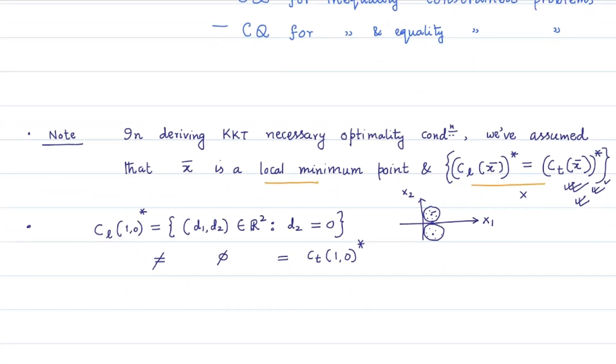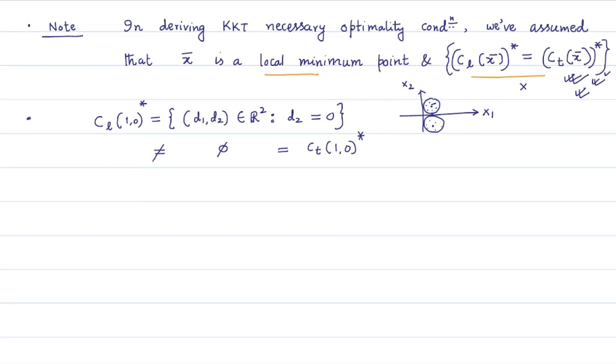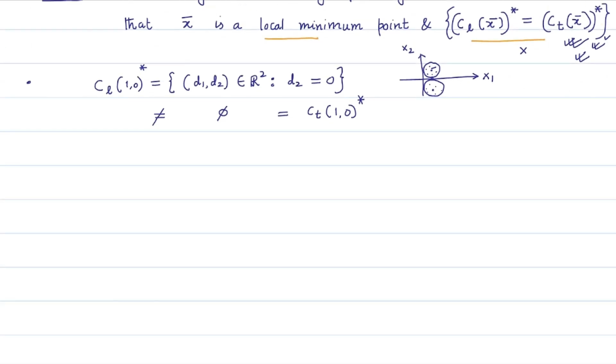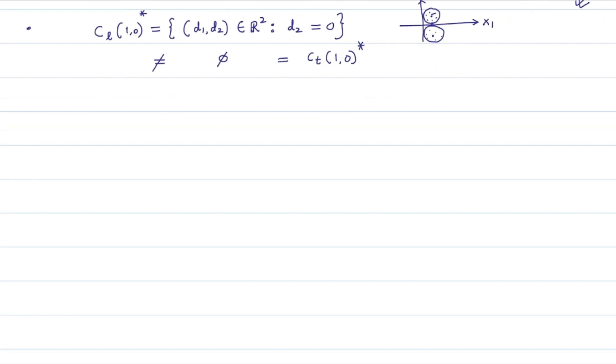In the first part, we shall consider constrained problems where the constraint set is given by only inequality constraints. And in the second case, we will consider the constraint set given by a mixed type of equality and inequality constraints.